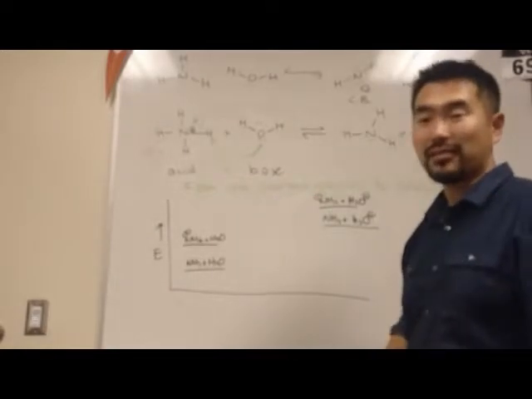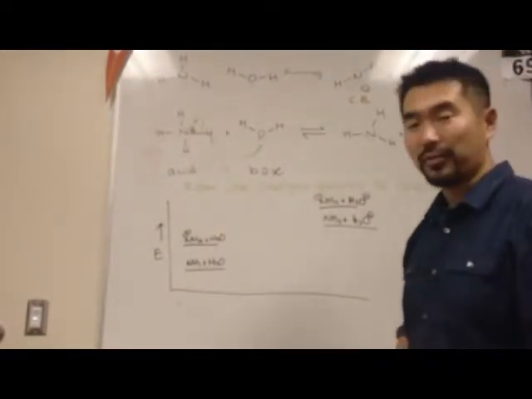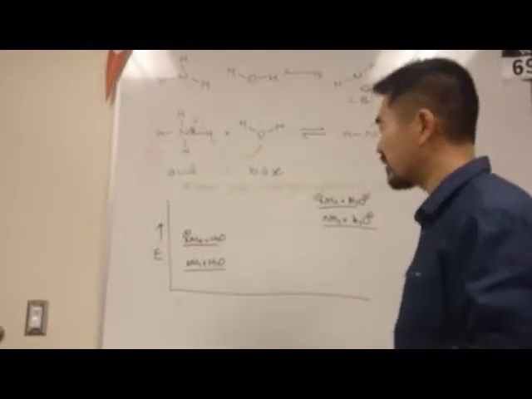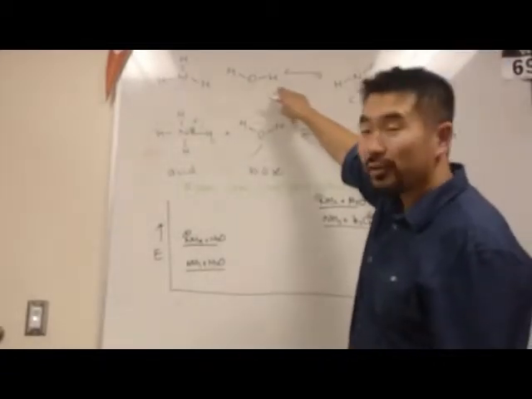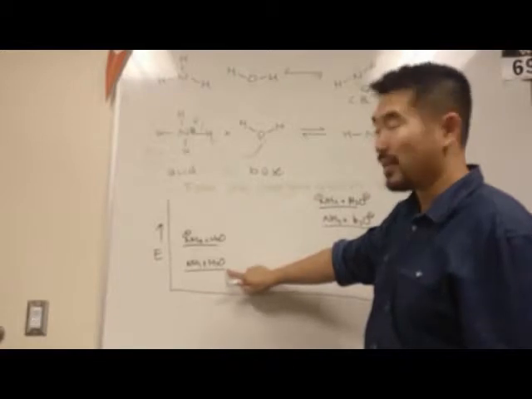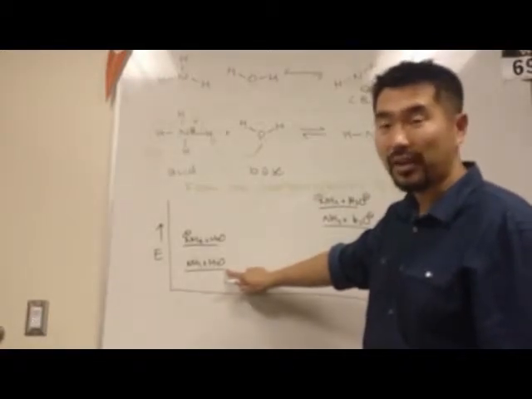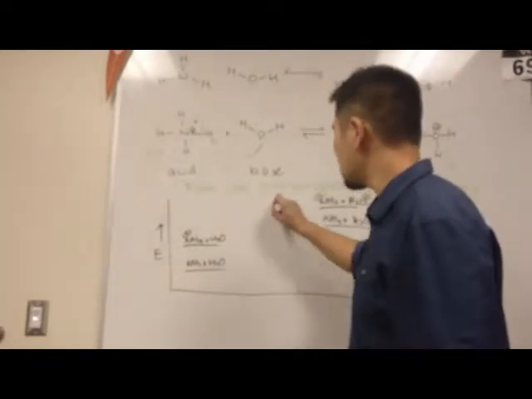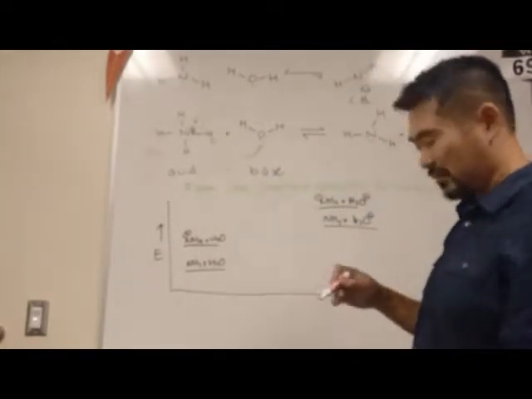And so now to compare these two different acid reactions, proton transfer reactions, on the same energy diagram, this is what it would look like. For the first reaction, we start out with a very stable, low energy species, but we end up with a really high energy species. So this is what it looks like.